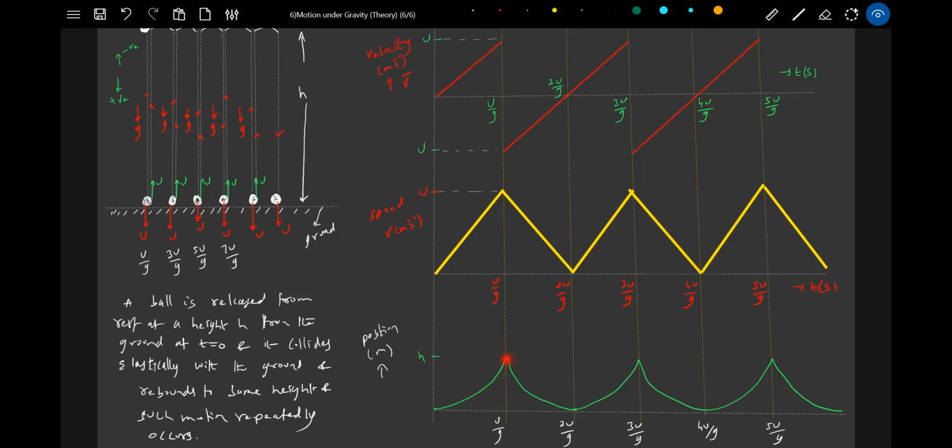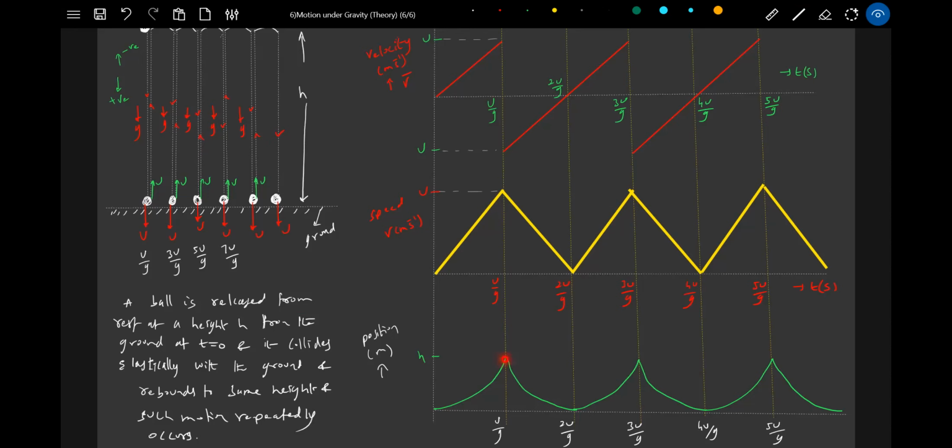It collides with the ground. Just after impact, the direction of motion changes, so the slope should be negative. Again, it undergoes retardation. When it reaches the highest point, it comes to instantaneous rest. Slope should be 0. Hope you are able to understand this. I just explained one oscillation. Released from rest, so slope should be 0.